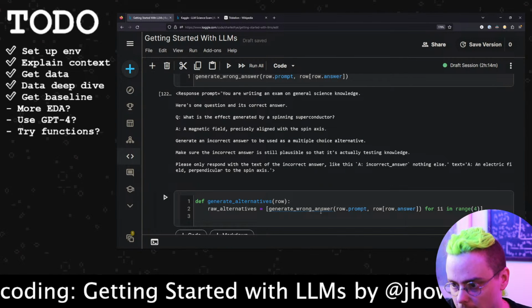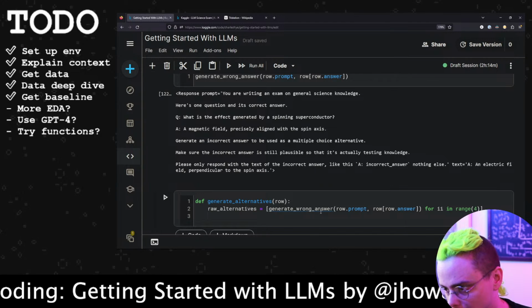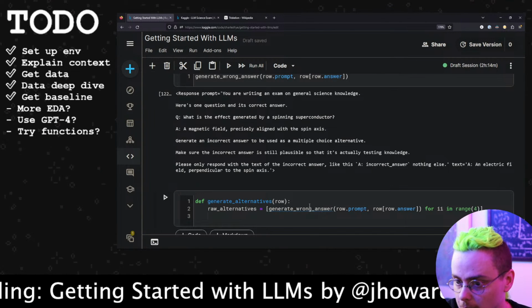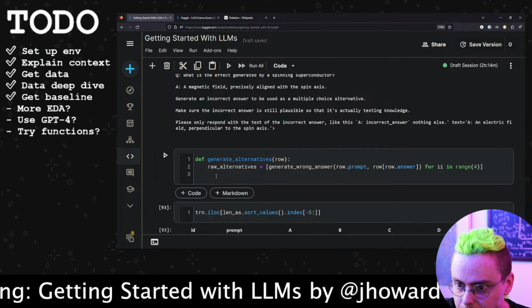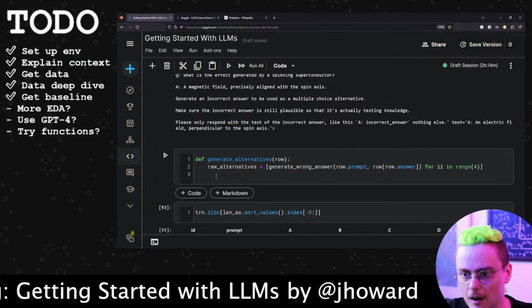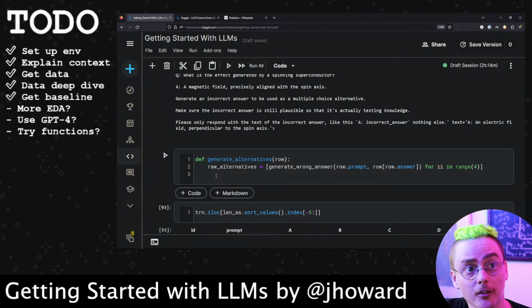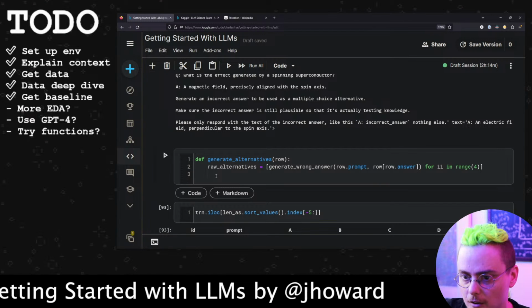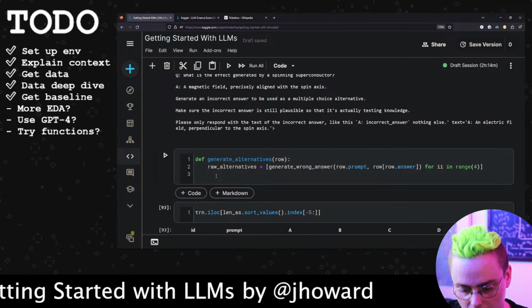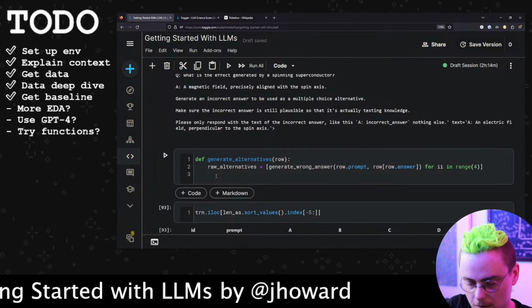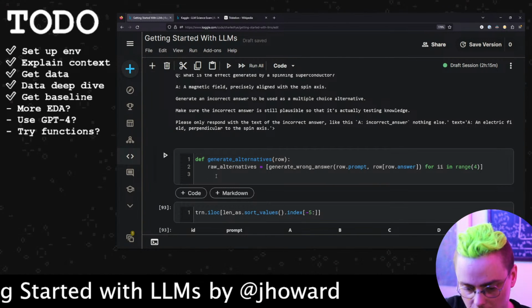So that might be a different way to do it. It's harder to parallelize if we wanted to, but we aren't doing that yet, so that wouldn't be too hard of a change. We also need to parse them, so parsing can also fail. So we would want a way to handle parsing if we wanted a real robust data generation thing. But we'll leave those as to-dos for later.